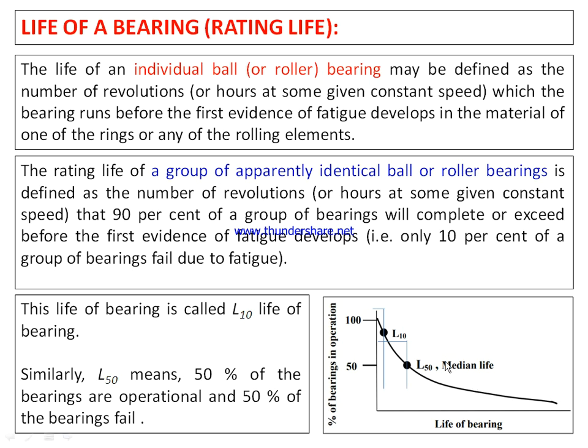And similarly, L50, or median life or average life of a bearing, means out of 100 bearings, 50% will be able to reach this life and 50% will fail before they reach this life. That is the meaning of the life of a bearing.